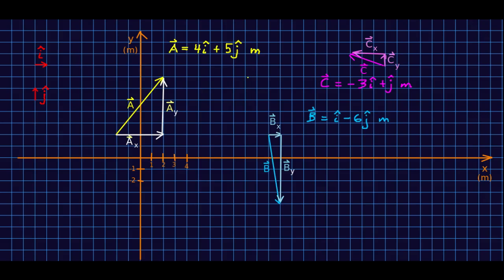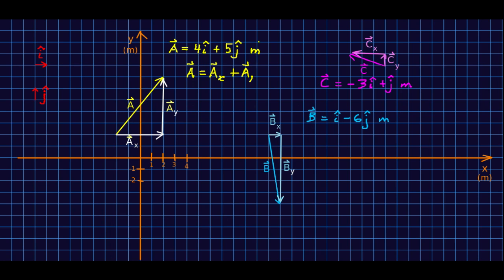So here's an assortment of vectors, A, B, C, each written in component form, and you should pause the video and verify that you see how I got those. But I want to clarify some notation and terminology. For example, we say that A is the sum of its component vectors, A vector x and A vector y.